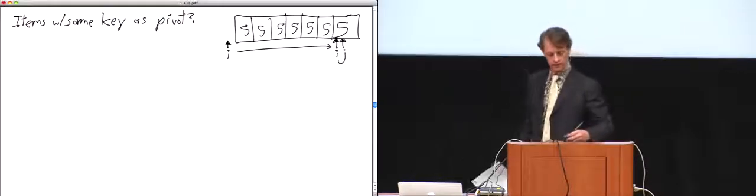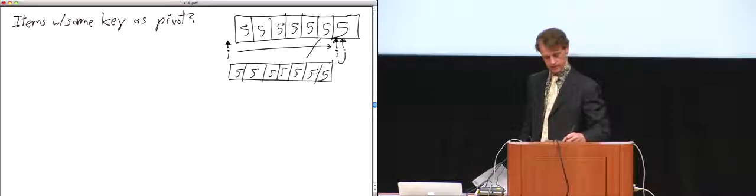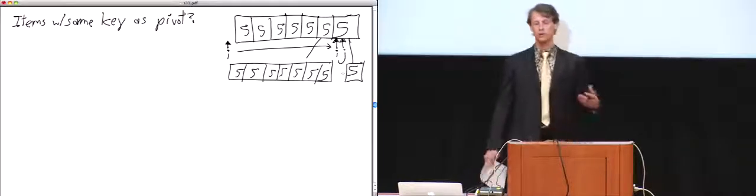You put all of the 5s into the left-hand partition, and with a pivot on the right, you can see we're on our way now to n-squared land. We don't want to go there. So what can you do instead? Well, how can you be smarter about this?